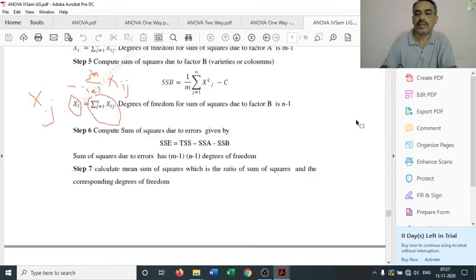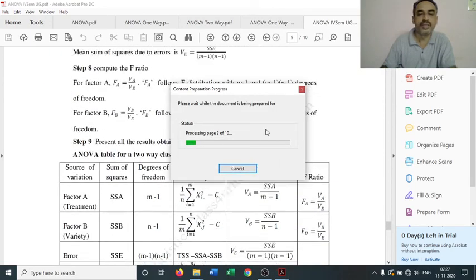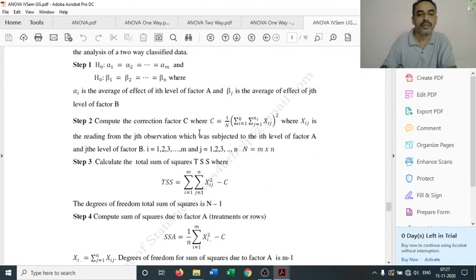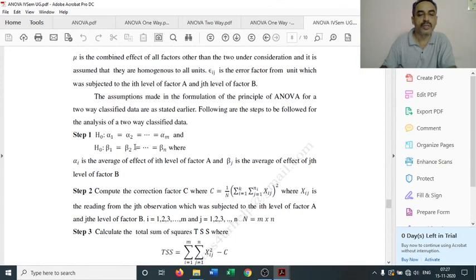You can see the different steps in two-way ANOVA, as the first step, setting the two null hypotheses, is already done.